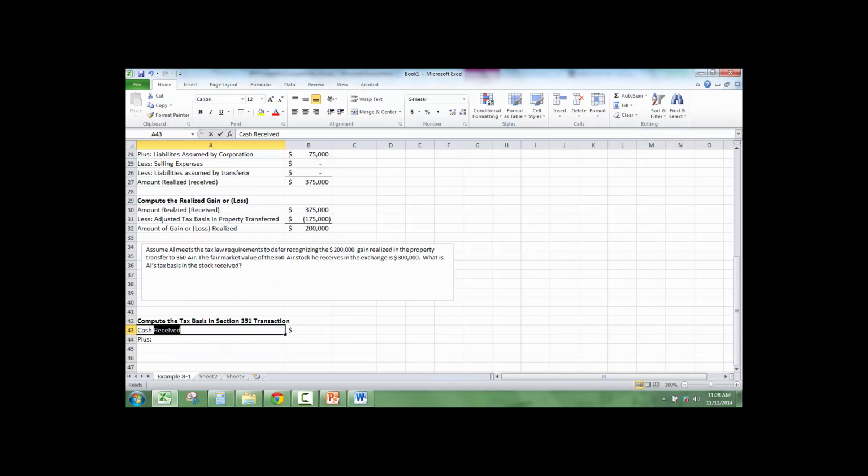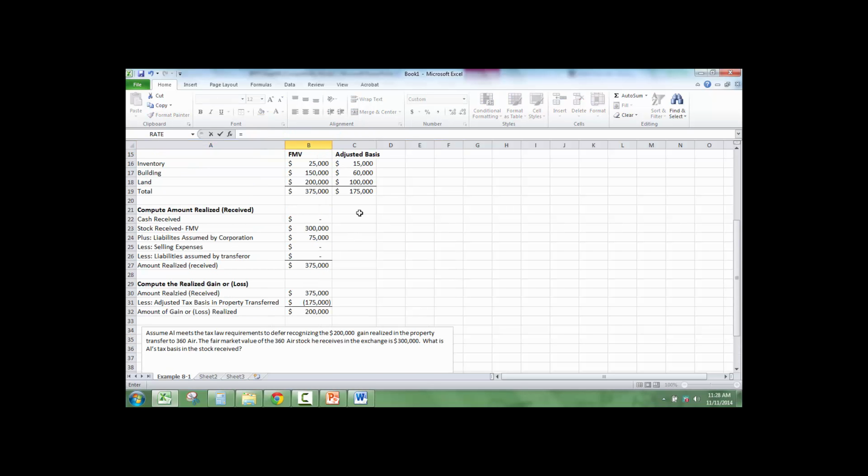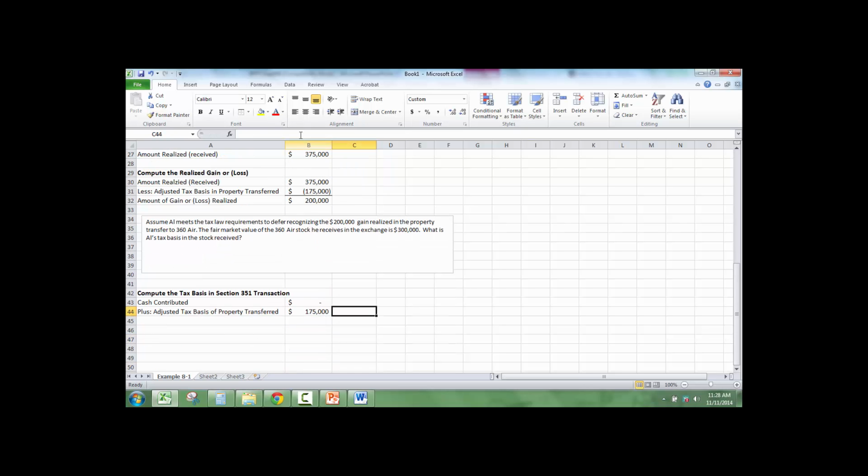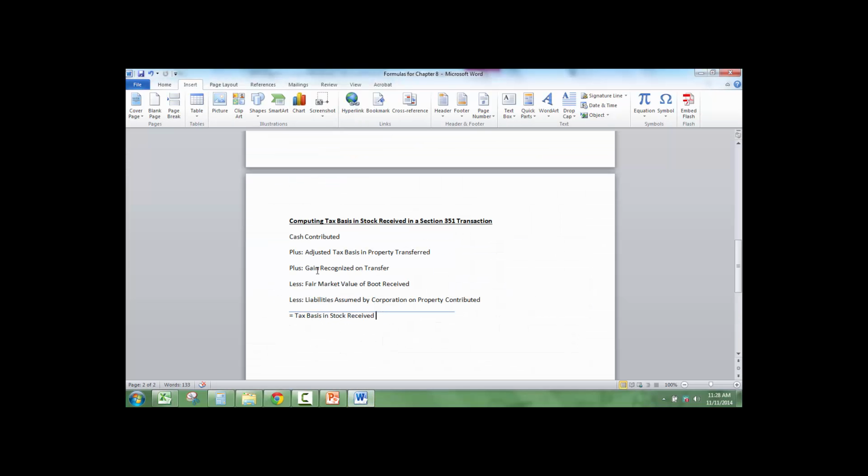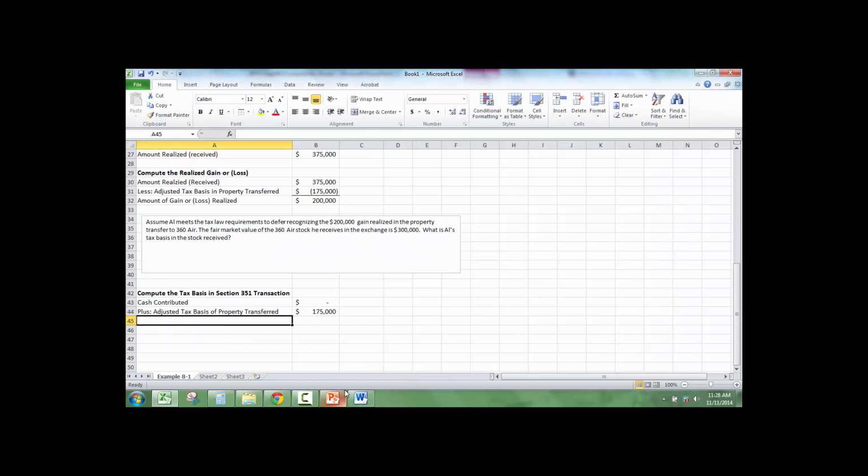Plus adjusted tax basis of property transferred, and our adjusted tax basis of property transferred is $175,000. Go back to our formula. Plus gain recognized on the transfer.